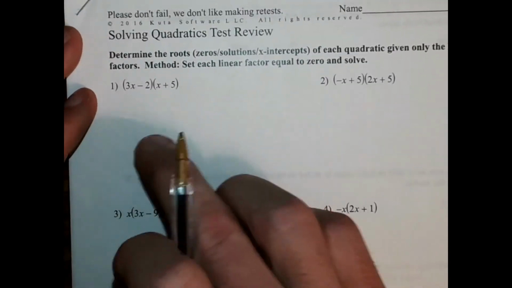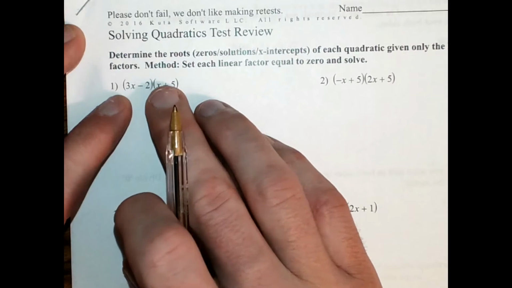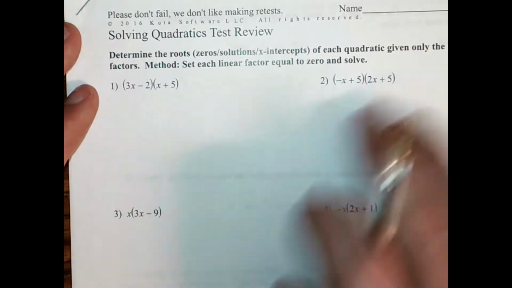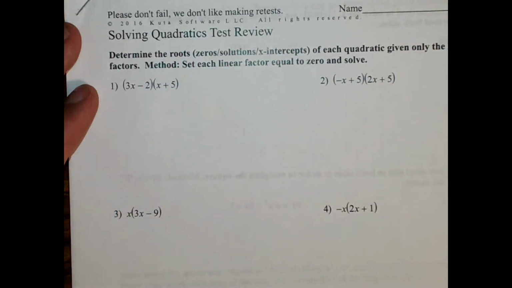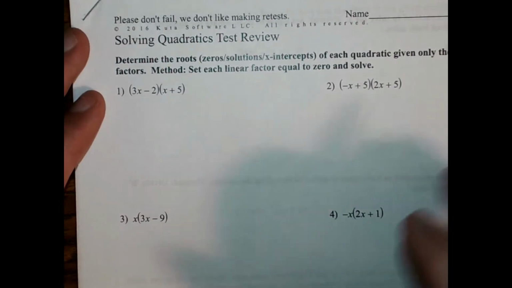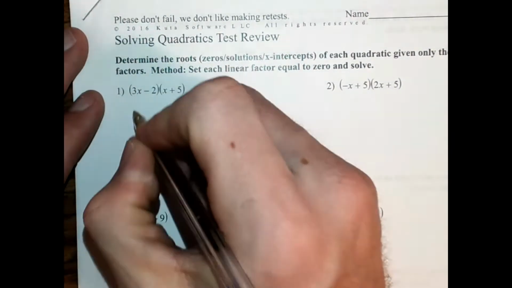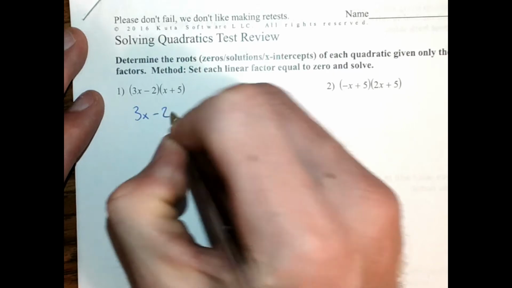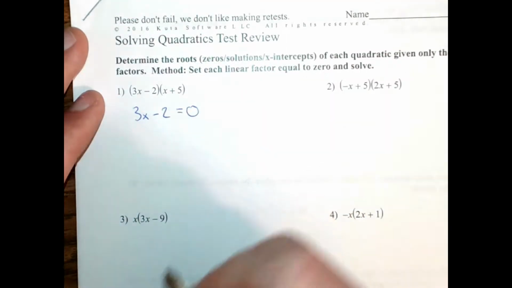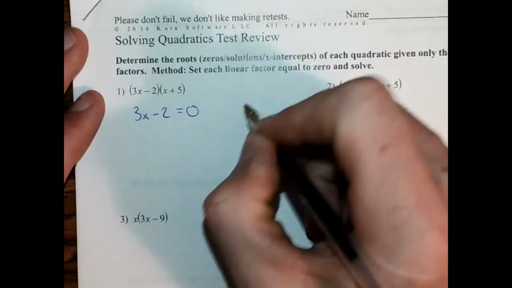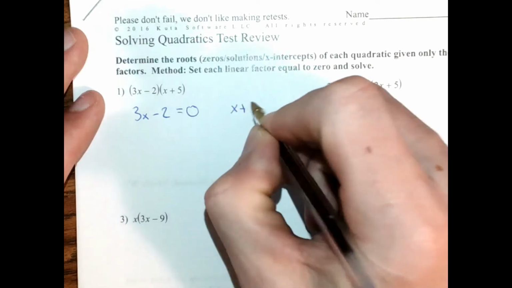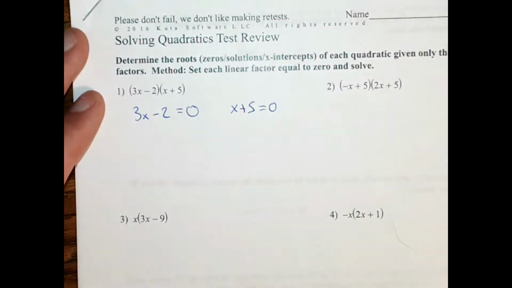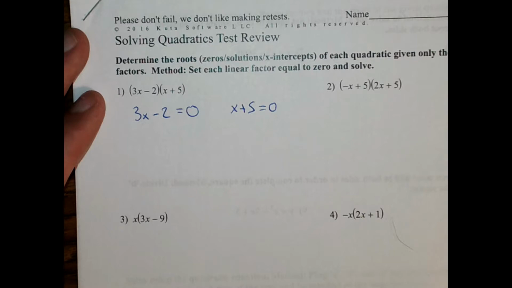So we'll see. Here, the first one, we've been given a couple of linear factors and we want to know what the roots are. So we're going to set each factor equal to 0. 3x minus 2 equals 0, and we'll solve that one for x. And then we also have x plus 5 equals 0, and we'll solve that one for x.